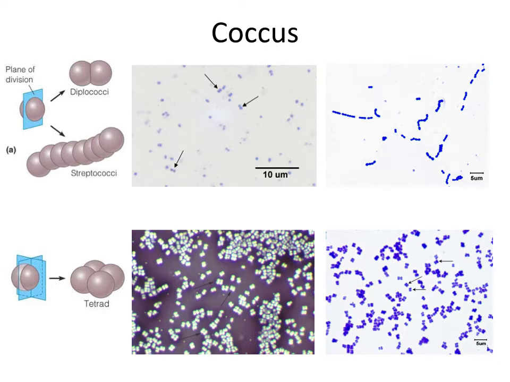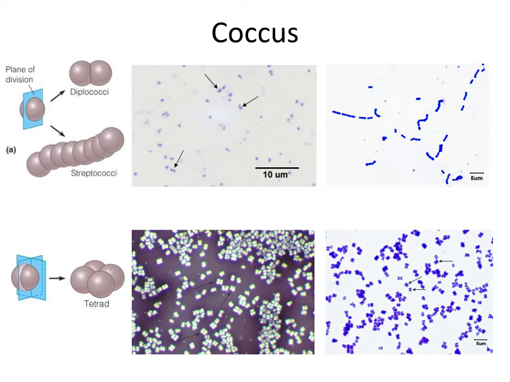These two images are examples of how the bacterial cells may look under a microscope. On the bottom of this slide, we see a cell that's divided into two planes that produces a tetrad arrangement, in which cocci are arranged in squares of 4.